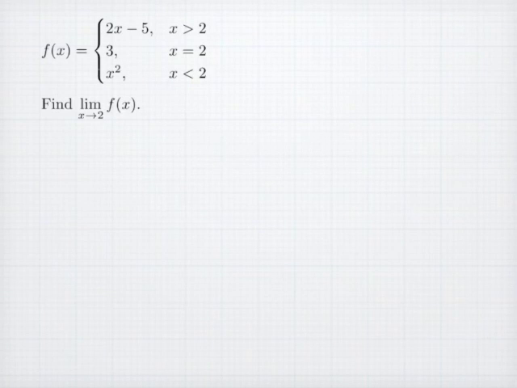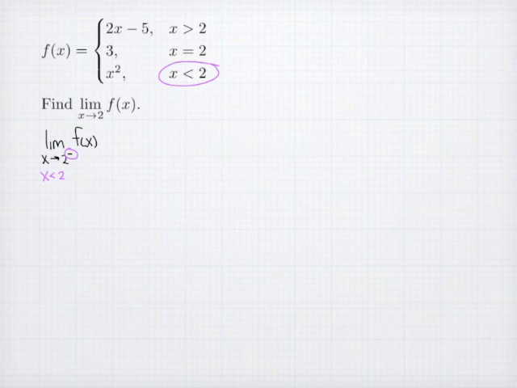For our final example, we look at a limit of a function that is piecewise. When a piecewise function appears, we need to take the limits of each side separately. We start by taking the limit on the left. X approaches 2 from the left. That means x is less than 2. And so we go up and look at our inequalities.